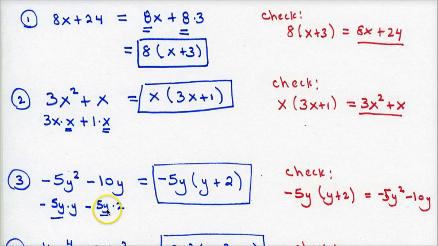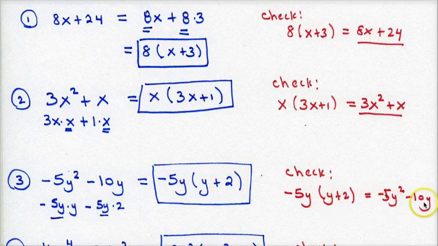It's negative 5y. So I factor it out, anti-distributive property, or the reverse of the distributive property. So when I factor out negative 5y and take it out, what am I left with in the first spot? Just a y. I took out the negative 5y. In the next spot, that's going to leave me with a plus 2. Now, the sign: you factored out the negative, so it must leave behind a positive 2.